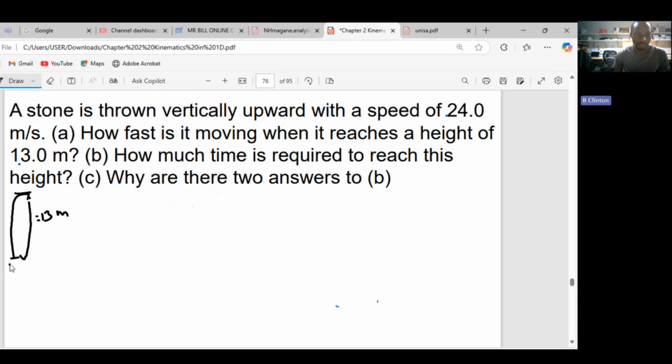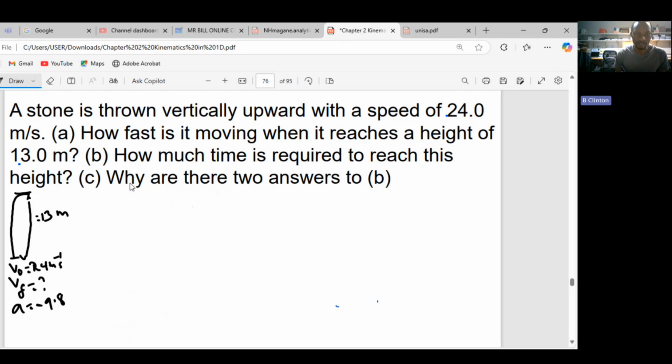We're told the initial velocity is 24 meters per second, and the final velocity we don't know, so Vf is unknown. The acceleration is 9.8, but it is minus 9.8 because we take upward as positive, and therefore g is negative because it acts against the motion.